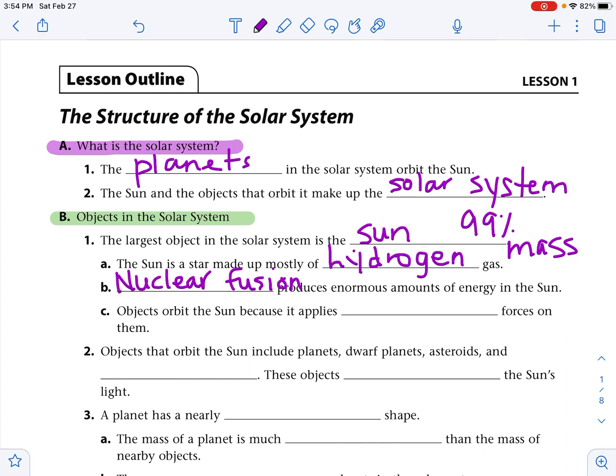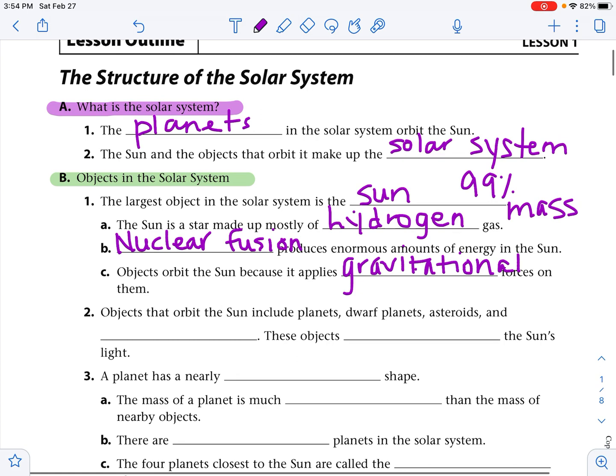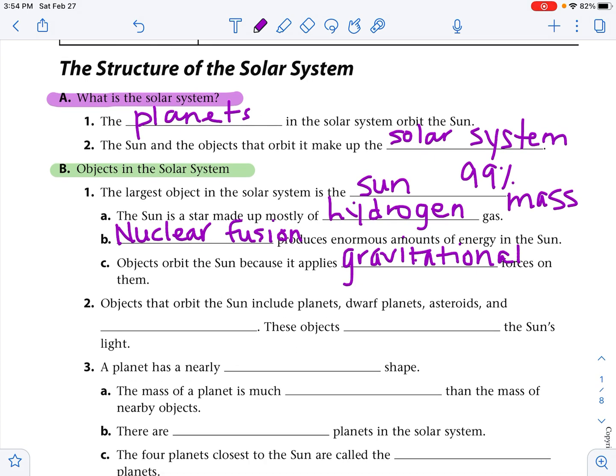Objects orbit the sun because it applies gravitational force on them. Objects that orbit the sun include planets, dwarf planets, asteroids, and comets.